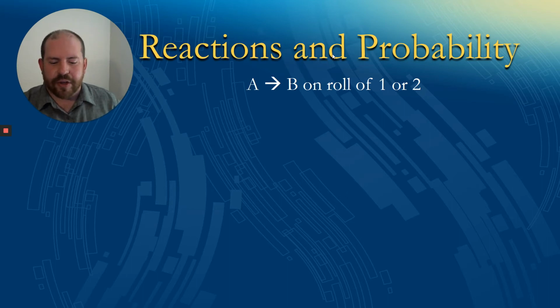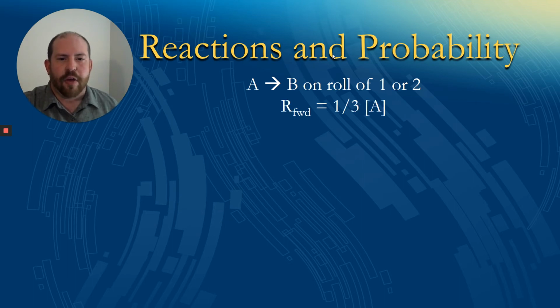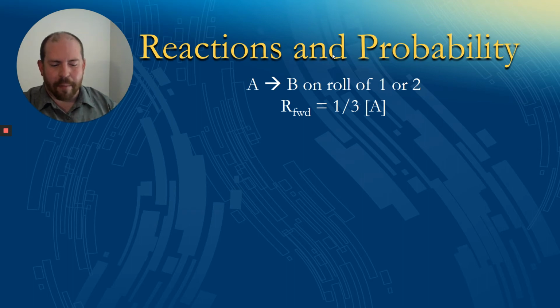An A could turn into a B with a roll of a 1 or a 2. Another way to represent this is to say the rate of the forward reaction, how many molecules will react on each roll, is the following. The rate of the forward reaction, each roll, a third of the A's on average will convert to being B's.